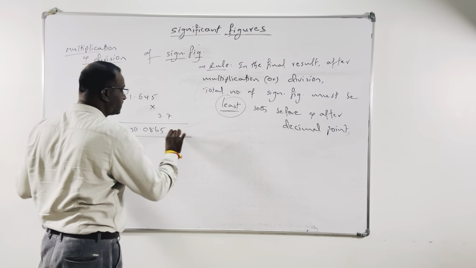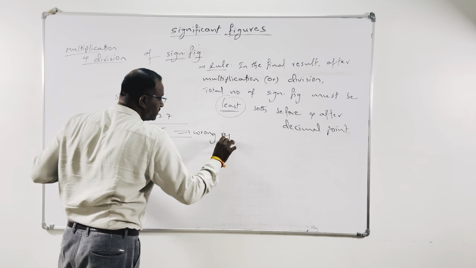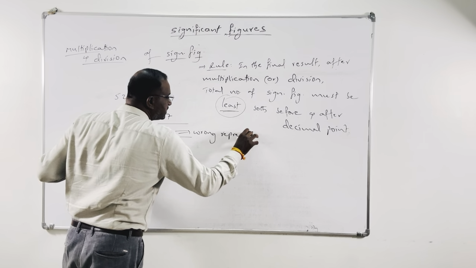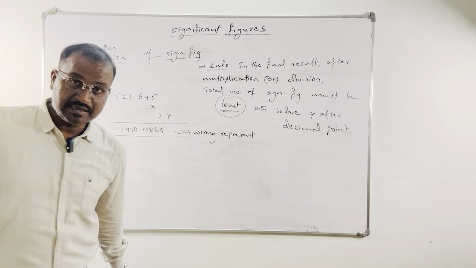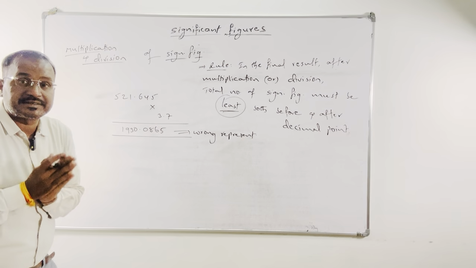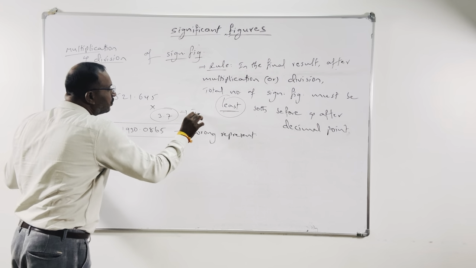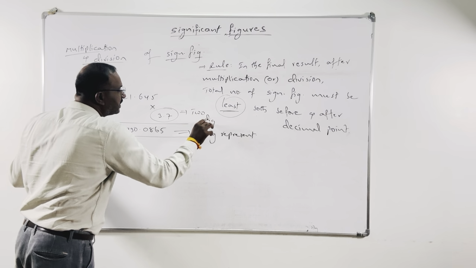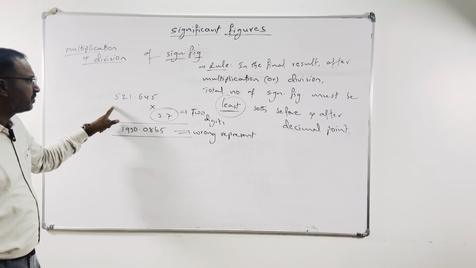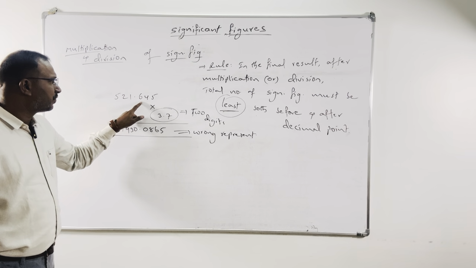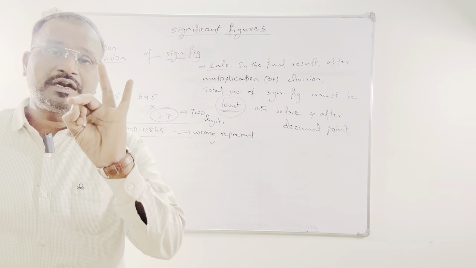But this is a wrong representation according to significant figures. The correct answer is we should reduce the number of significant figures to 2 only. In the first value there are 6 digits, and in the second value we have only 2 digits.